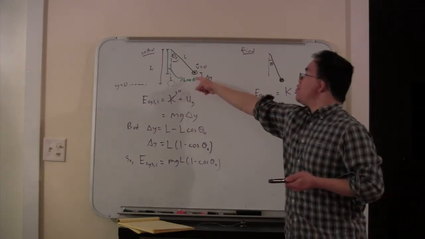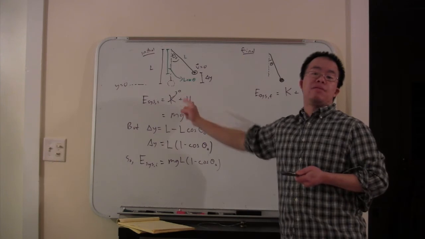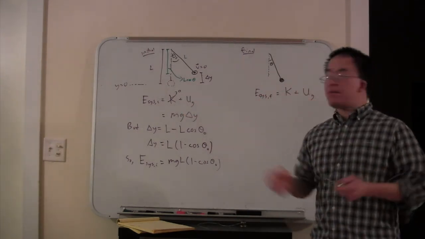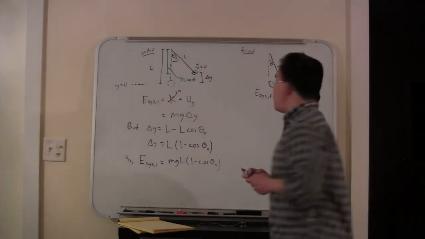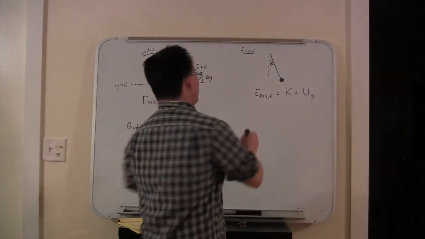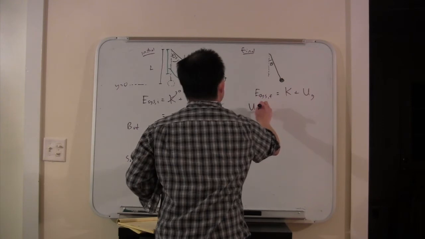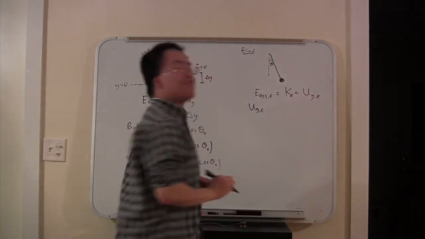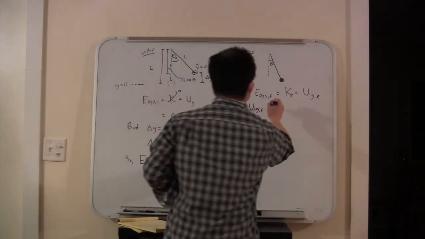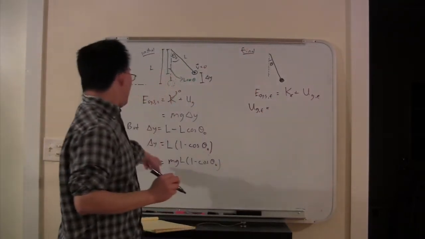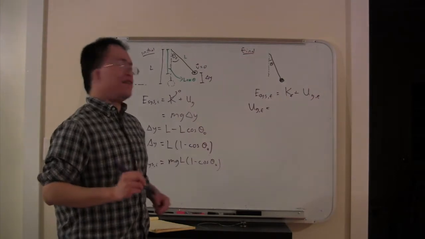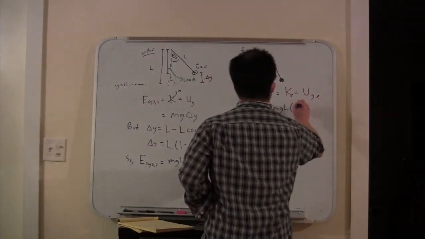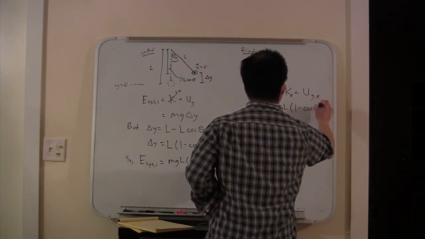There's nothing particularly special about theta naught that we invoked here. It's still going to be geometry, just some different delta y. So if we copy over the result, U G final, I'll label these both as final, is just this with theta instead of theta naught. That's going to be mgL times 1 minus cosine of theta.